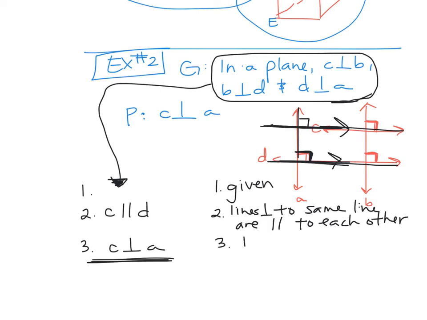So you can just call that the perpendicular transversal theorem. Or if you wanted to write it out, you could say a line that's perpendicular to one line that's parallel to that same line is perpendicular to the other. It's a lot easier just to write perpendicular transversal theorem, but that's up to you.